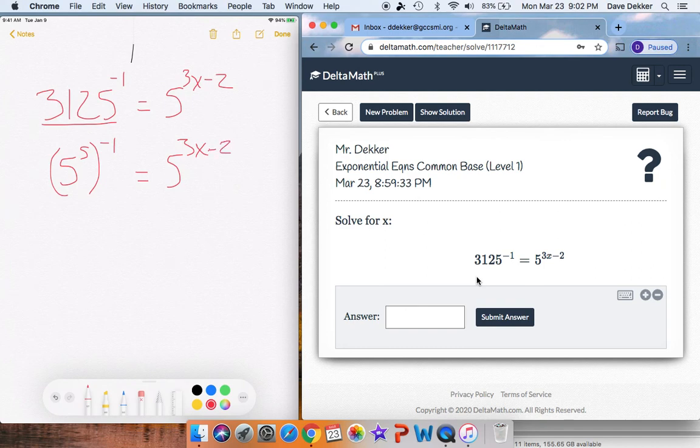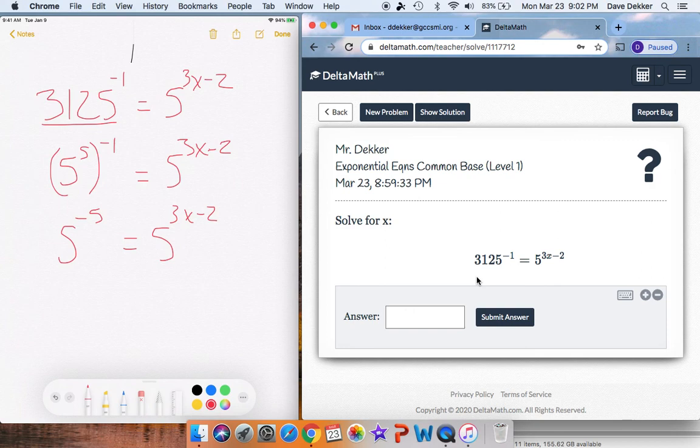We just did an assignment last week that dealt with the left side. If I have a power raised to a power, what we learned in that assignment was we actually multiply them. So 5 times negative 1 is negative 5. Now we have 5 to the negative 5th power equals 5 to the 3x minus 2 power.